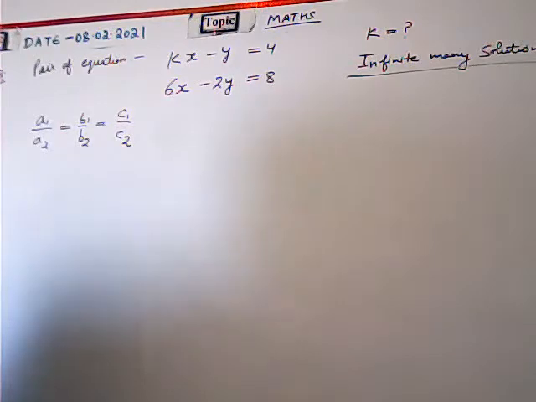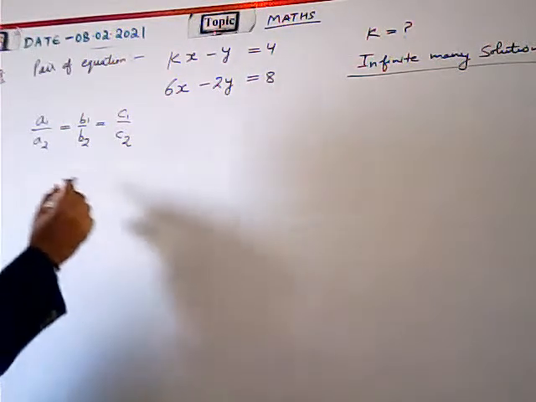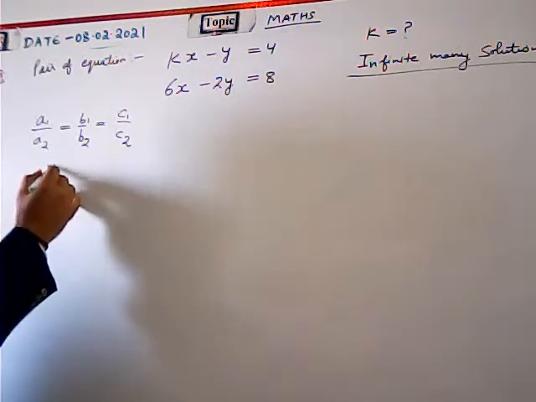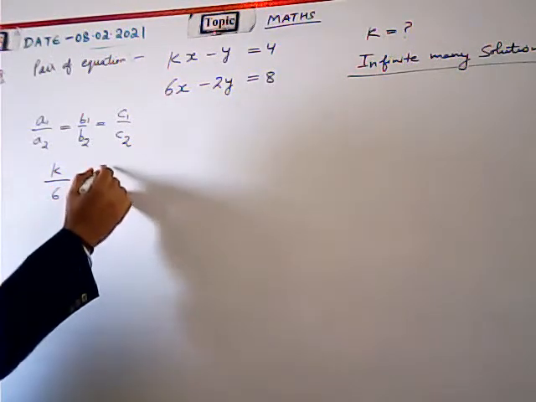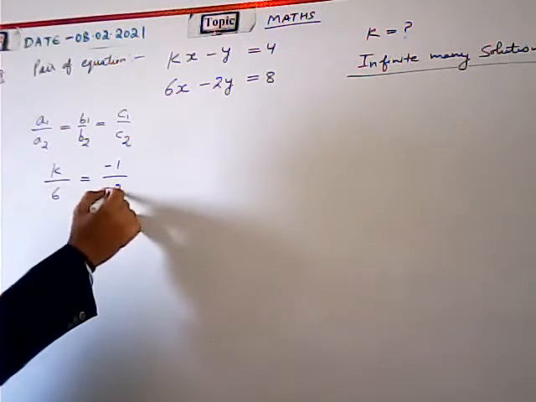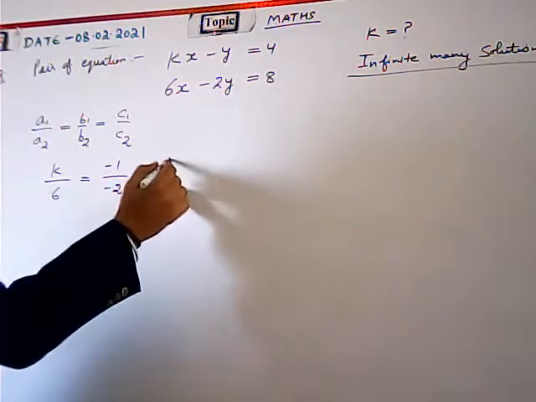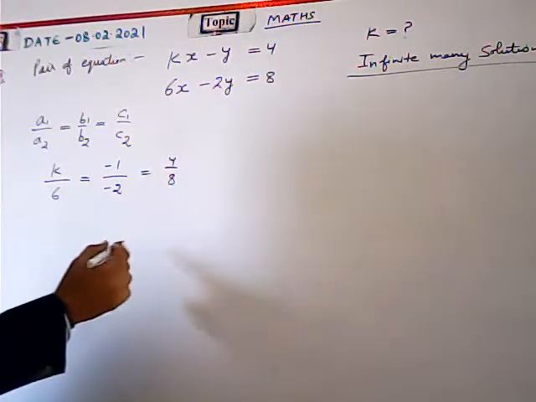So we have k upon 6 is equal to minus 1 upon minus 2 is equal to 4 upon 8.